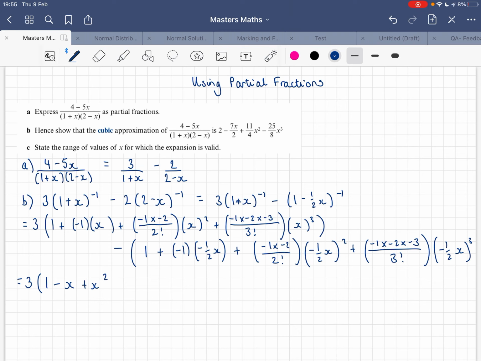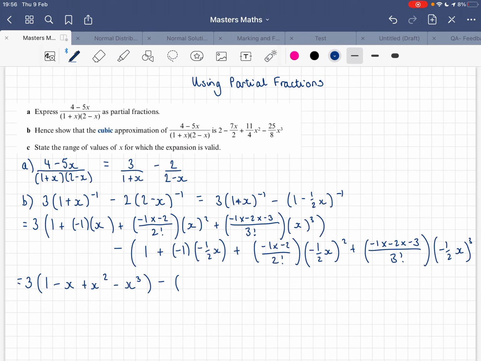Okay, and then plus x squared, minus 1 times minus 2 times minus 3 over 3 factorial is minus 1 because that's minus 6 over 6 multiplied by x cubed, so minus x cubed. Again, let me just check that against my solution. Yeah, okay, that's correct. And then we're going to subtract and then simplify this expression.